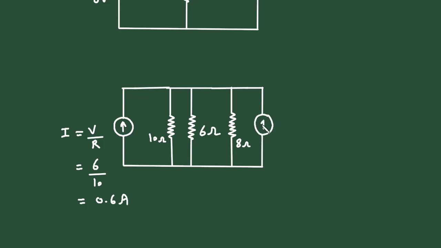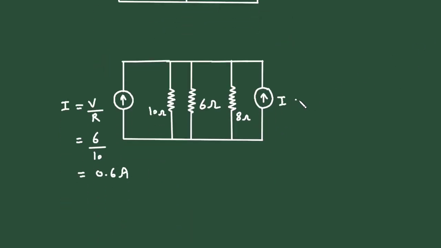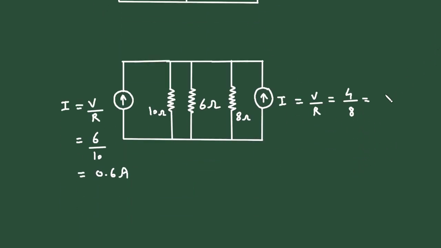So it will be like this. Now here also I is equal to V upon R. The value of voltage is 4 volt and the value of resistance is 8 ohm. So it will be 1 by 2. That means it is 0.5 ampere. Now here we have to find the voltage across this 6 ohm.